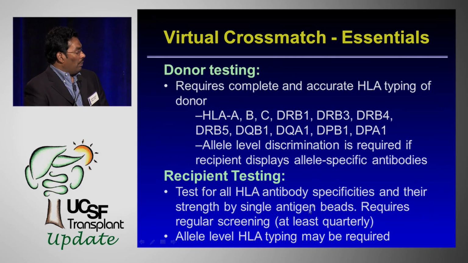Then in recipients, you characterize all the antibodies using the single antigen bead assay, which I will come to later. If you define these components from the donor side and the recipient side, you can predict what antibodies the patient has, and whether those antibodies are against the donor's antigens. And how much antibody, if you know that number, you can predict whether it's going to cause a positive CDC cross-match or flow cross-match, or whether it's going to be a negative cross-match.